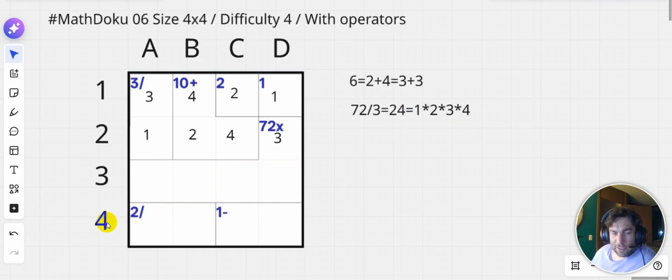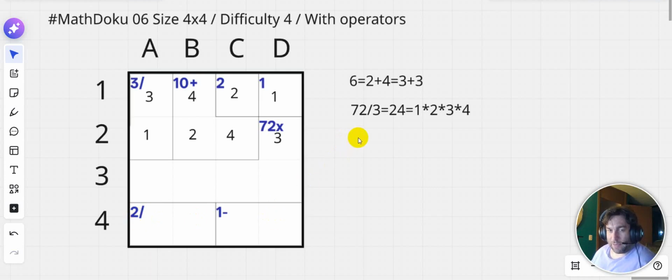Let's see where we can have number 3. Number 3 cannot be in cage A4 because there are no two numbers where one divided by the other gives 2 and one of them is 3.